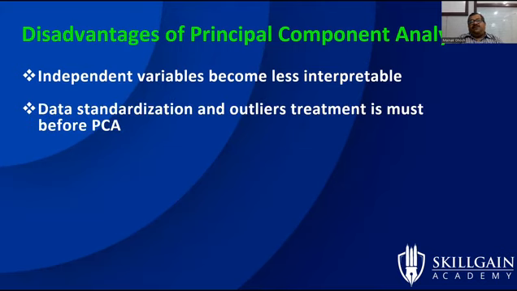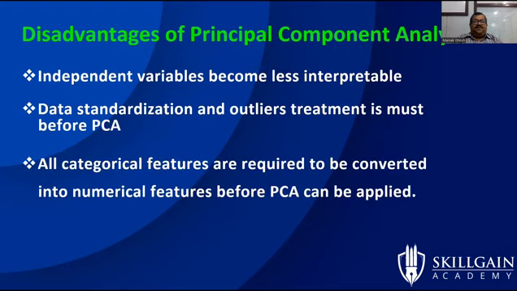Data standardization and outlier treatment are a must before PCA, because otherwise big-valued data will always give more weightage, more bias, to those features. All categorical features are required to be converted into numerical features by encoding methods before PCA can be applied, because PCA is a linear combination and requires numerical values.